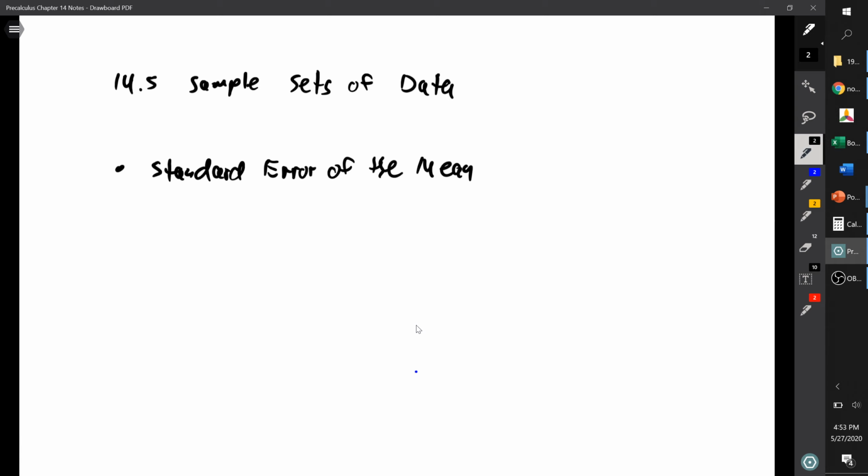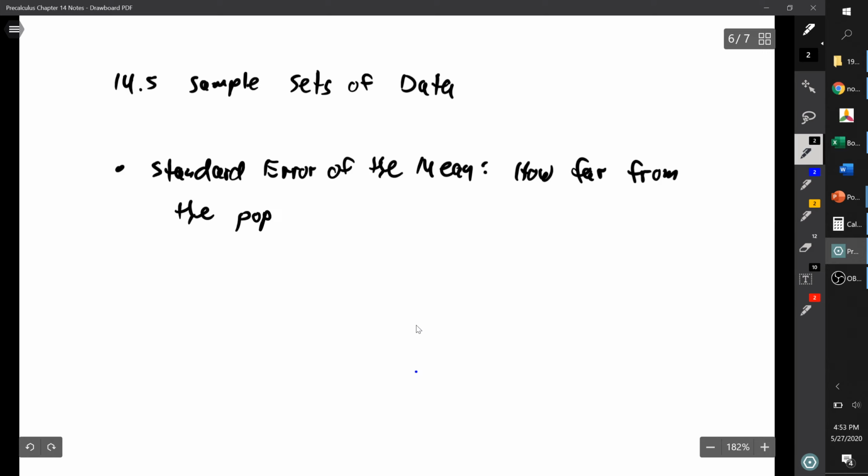So this gets into things like, well, I mean, it's basically how far from the population mean might the sample mean be?